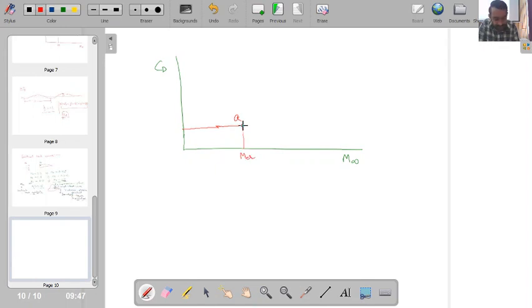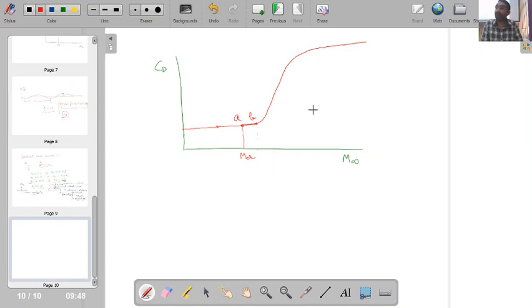If I go slightly above this Mach number, there will not be much change in the drag force. But if I reach point B, which is slightly above critical, having one finite deviation from the critical Mach number, and I go to the free stream Mach number at this point, then after this point I will find there will be a significant increase in the drag coefficient. So here drag force was very small.